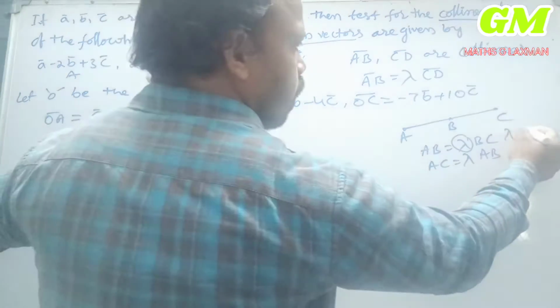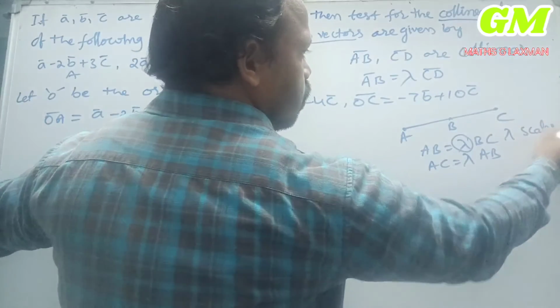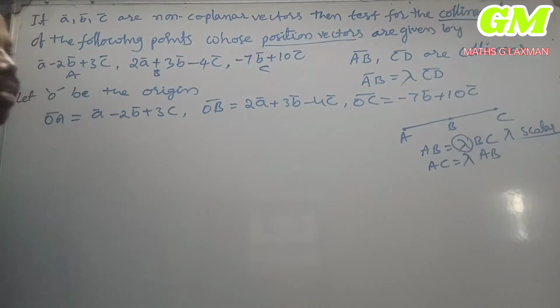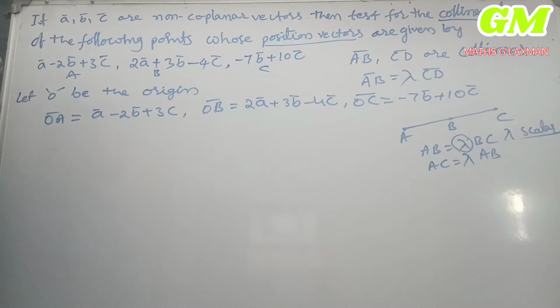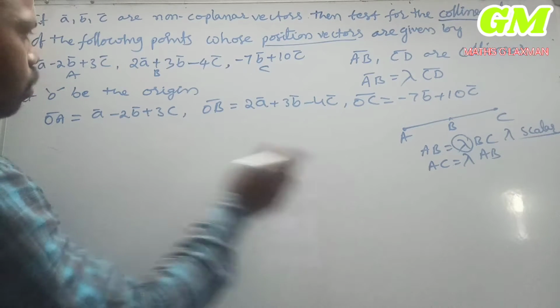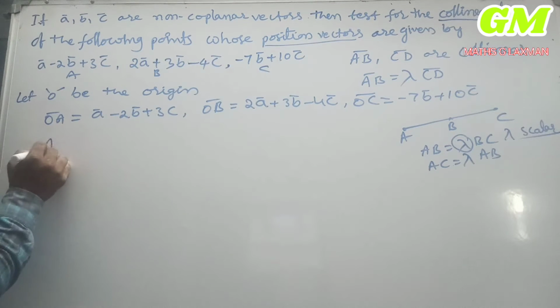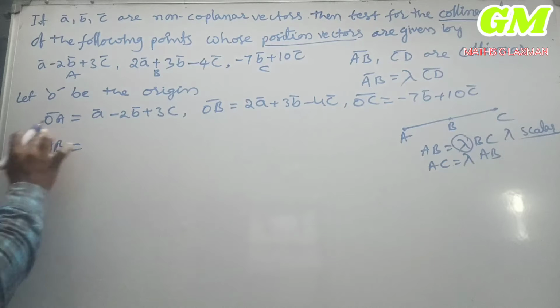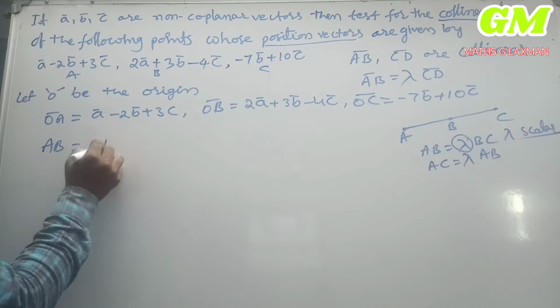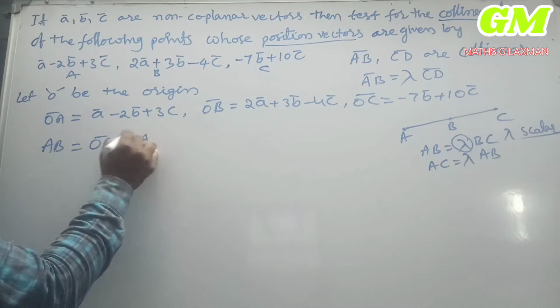Here lambda is a scalar. If we express like that, then we can say that A, B, C points are collinear. Now we need to find AB by using the position vectors. AB, as we already discussed, is OB minus OA.